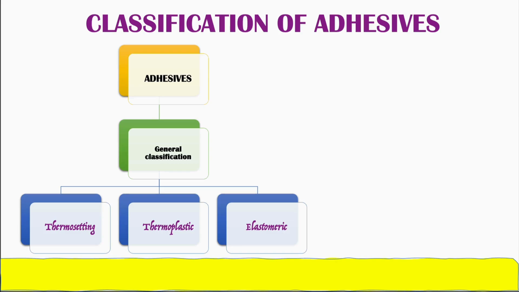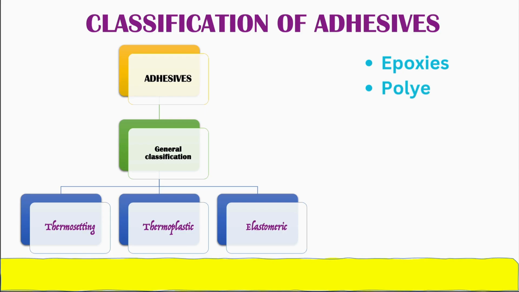Curing results in a sharp increase of the strength, elasticity, and stability of the adhesive. In other words, the strength, elasticity, and stability of such adhesives increase sharply on curing.